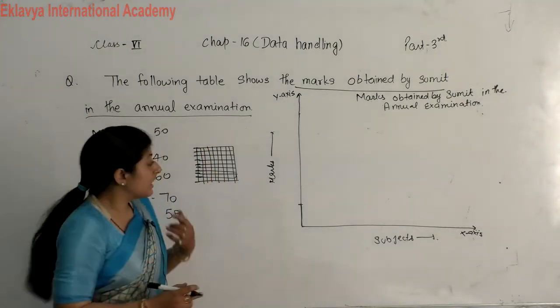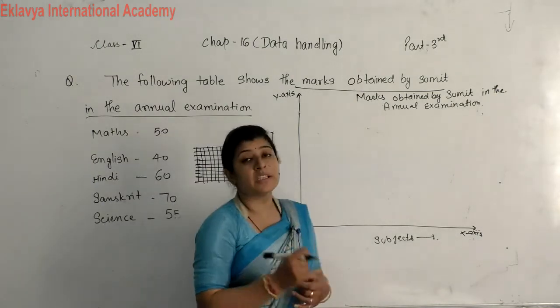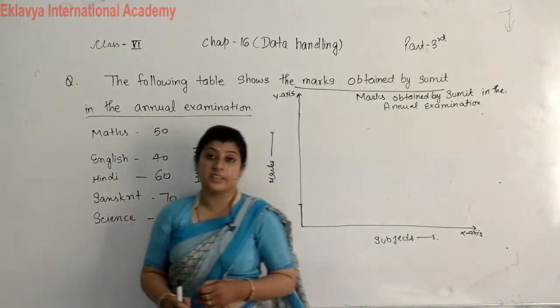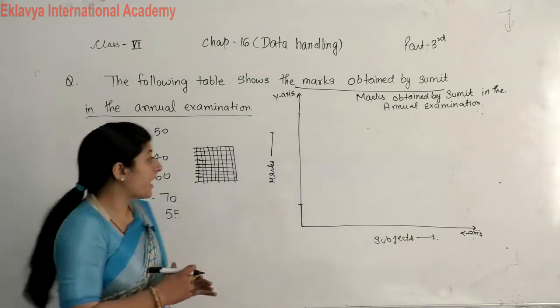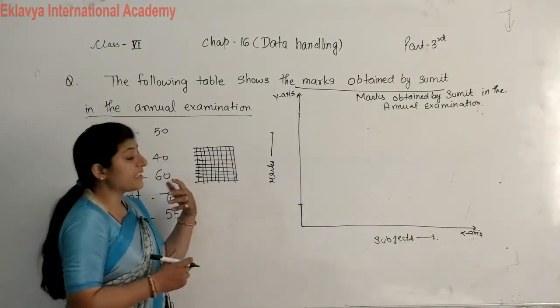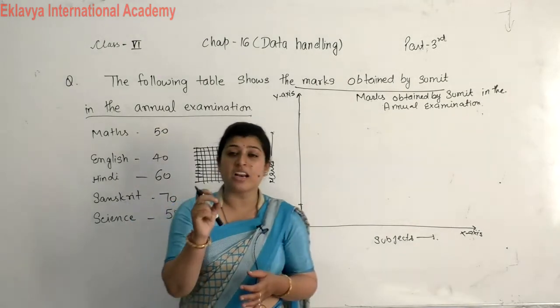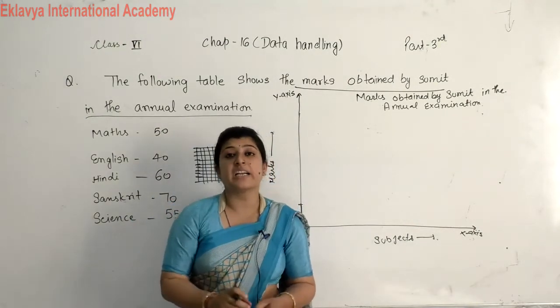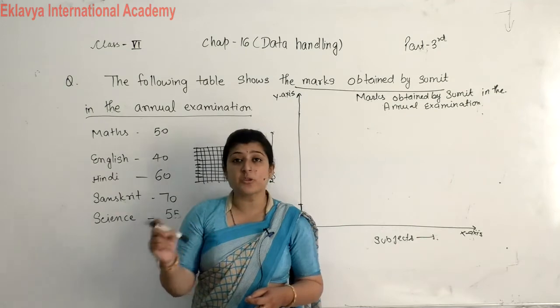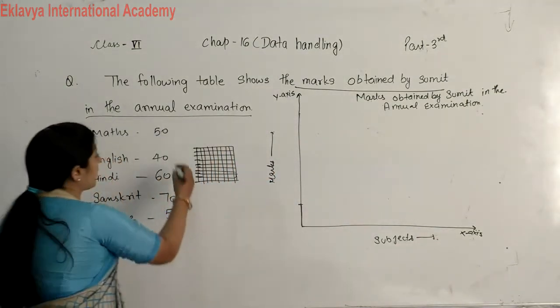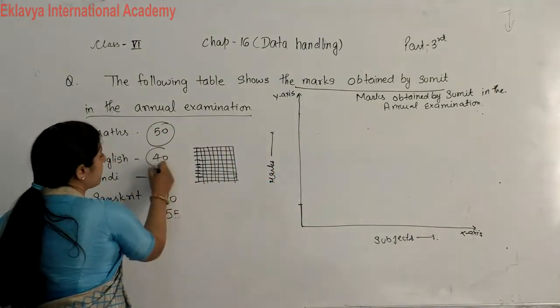So we have to decide the scale, that is, which numerical value each part, small or large, whichever we take, represents. It depends on the given numbers.